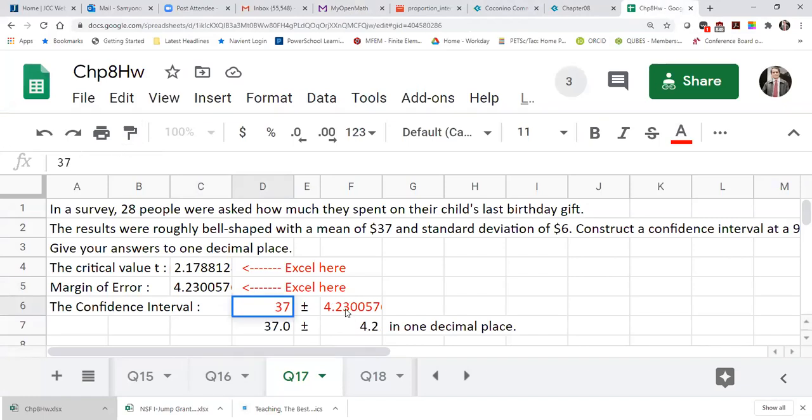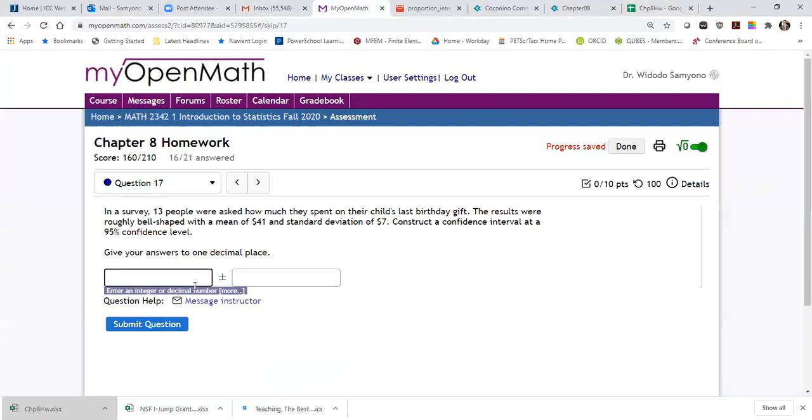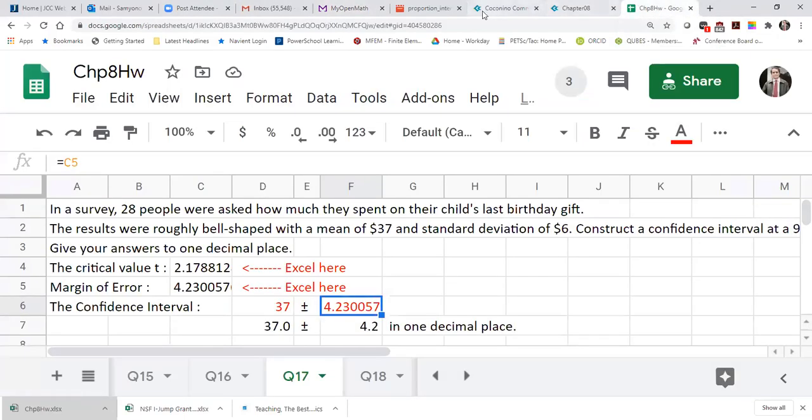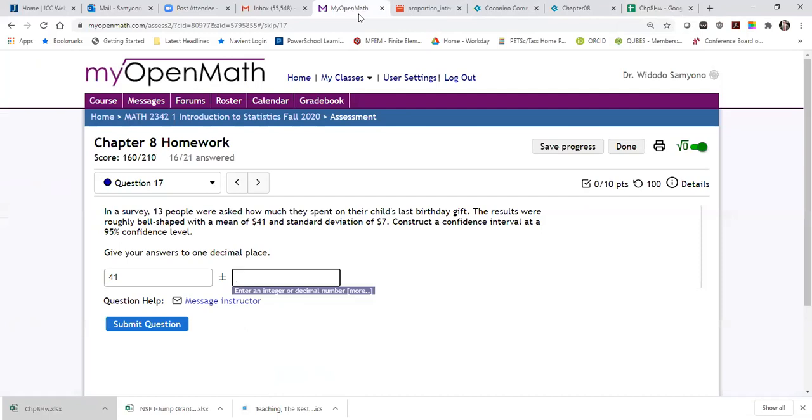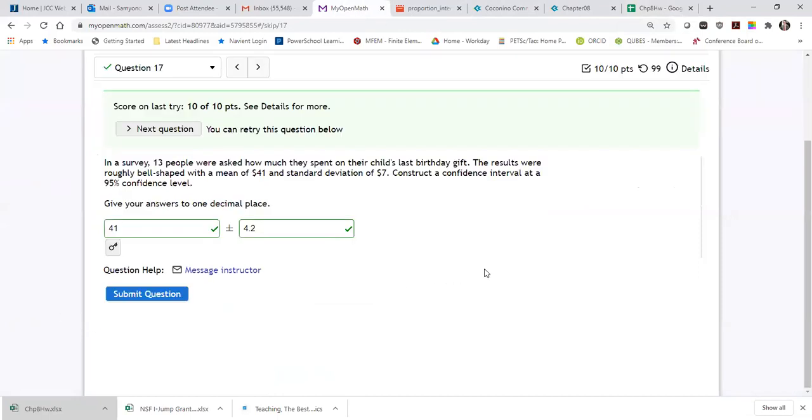And this will be the margin of error, which will be 4.2.